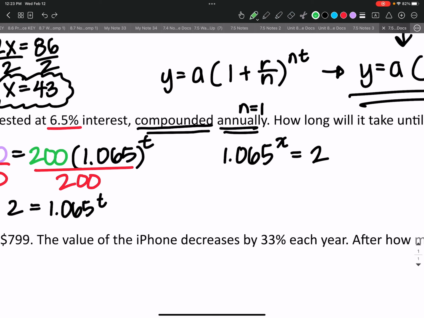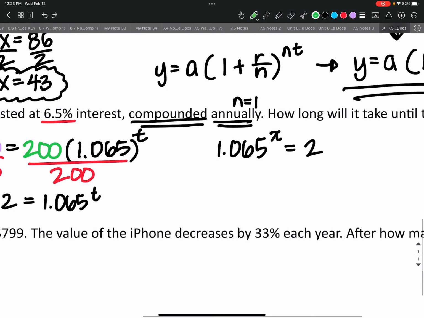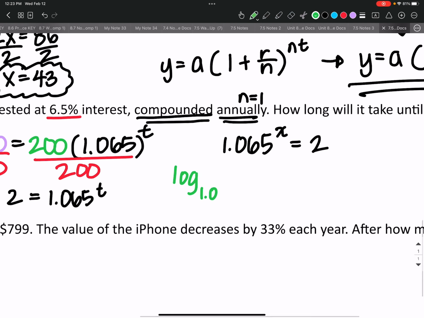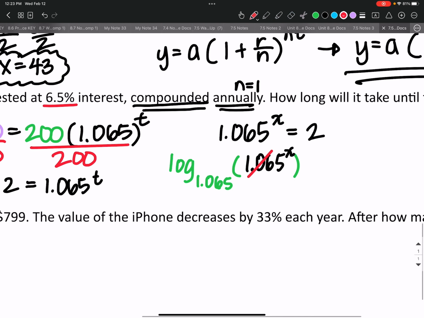Right now I have an exponential on the left-hand side. To undo an exponential, I can take the log with the same base. If I take the log base 1.065 of the left-hand side, the 1.065 and the log base 1.065 are going to go away, and I'm going to be left with just x, which is what I'm trying to solve for.